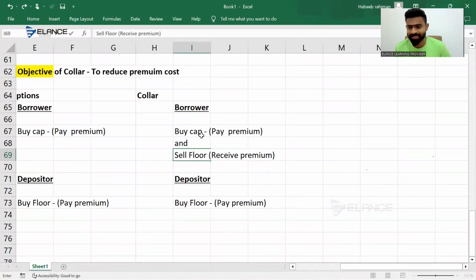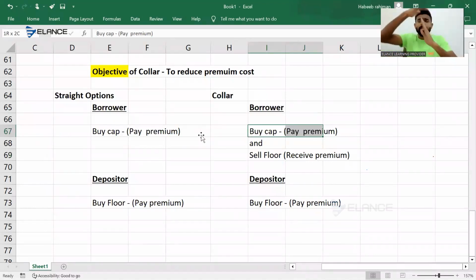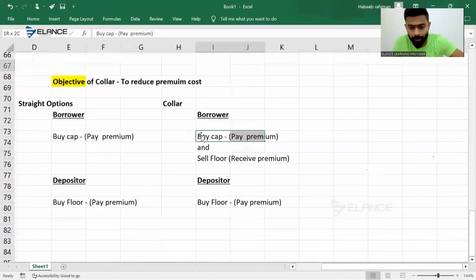Whichever counterparty sells the contract in the market will receive premium, right? Previously, in a straight option, we were the borrower. He requires a cap, so he'll take the cap from another counterparty. So we are making a premium payment to the other party. That means the other party is receiving a premium payment.